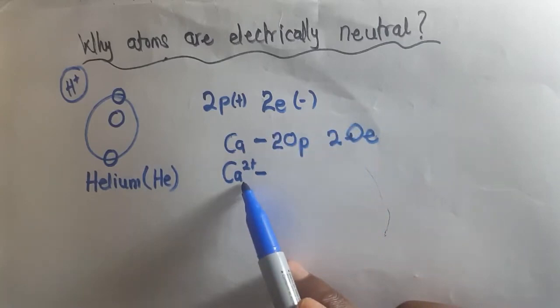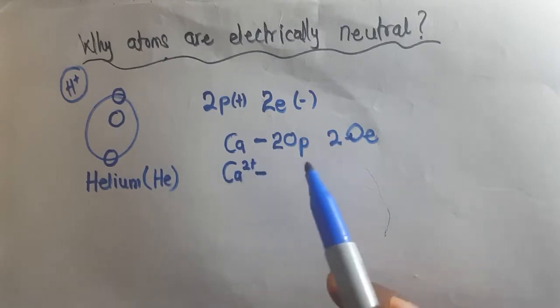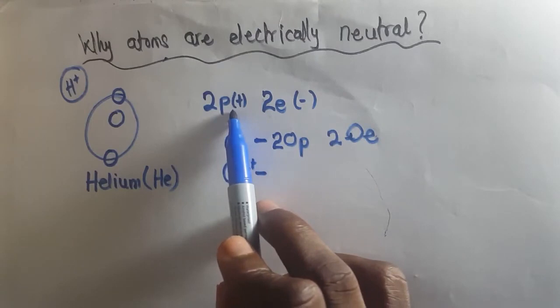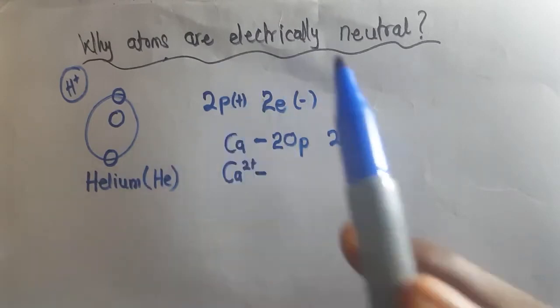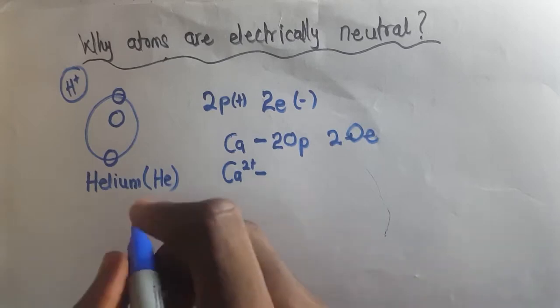Now you have the calcium ion here. Looking at this 2 plus, it means that you have an overdose of the number of protons or the number of positive charges. One thing you should take note of in this lecture is that proton number does not change. We are going to mention proton number in other subtopics. So let me write it here.